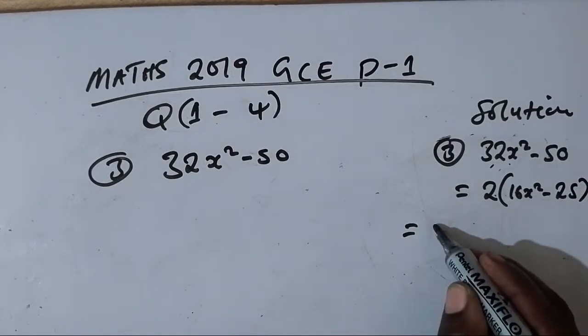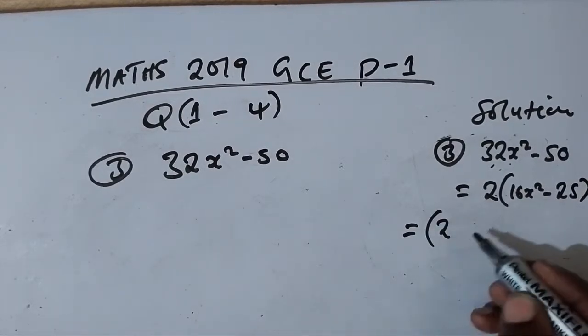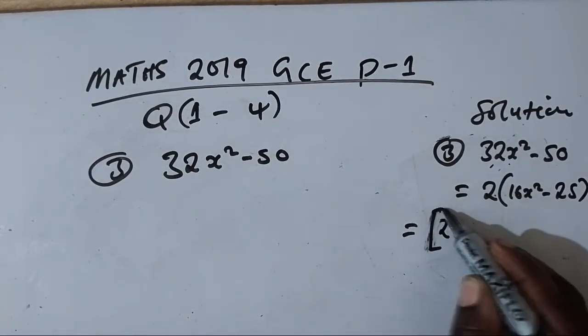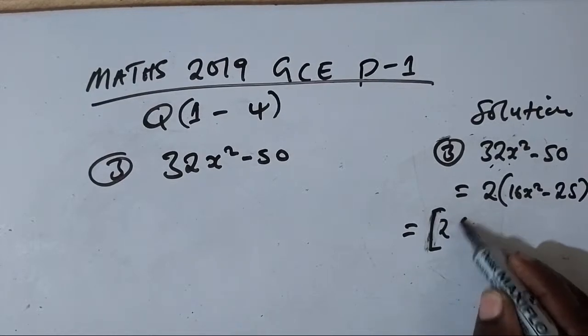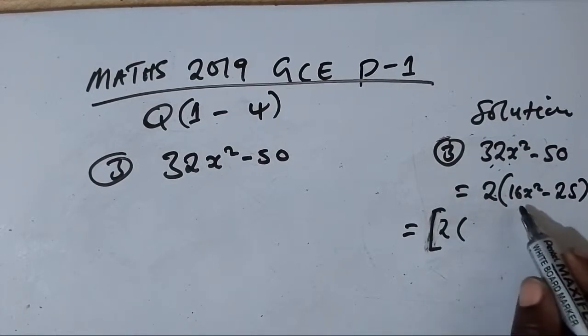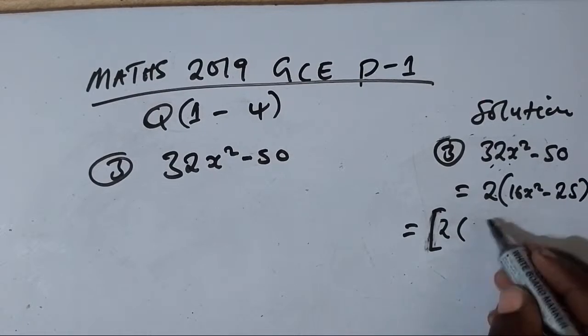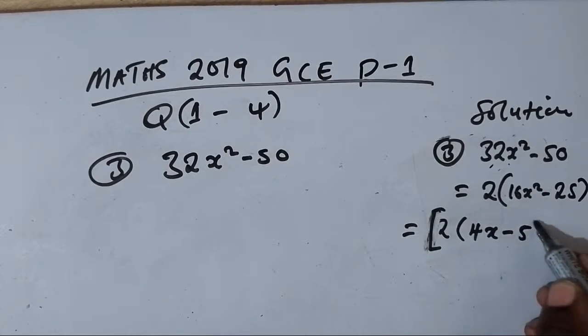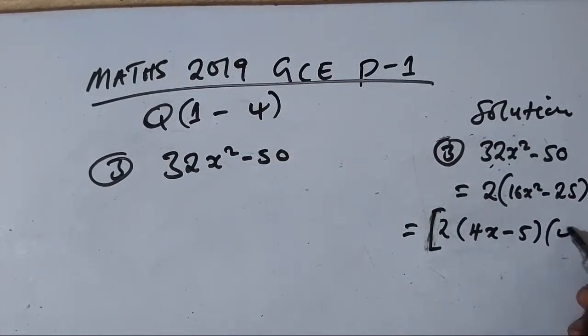Then here we're going to say open square bracket 2, then open bracket. Then here we have to look at the difference of two squares for 16 and 25, in which it will be 4x minus 5, then open bracket 4x plus 5, close bracket, then close square bracket.